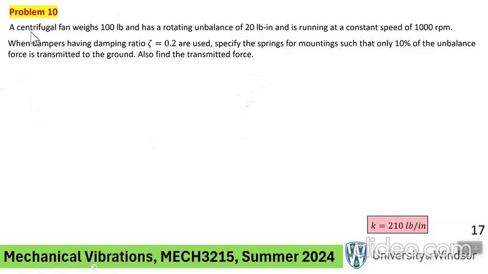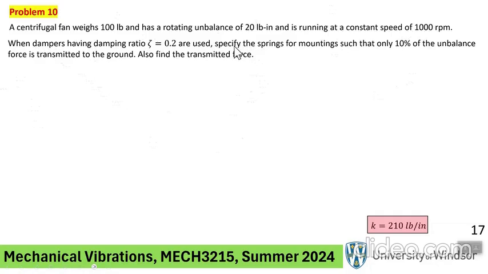So we have a centrifugal fan with that weight, and it's m naught E G is 20, and your operational speed is omega r equal 1000 RPM. Okay. Somehow we know that the damping is 0.2.